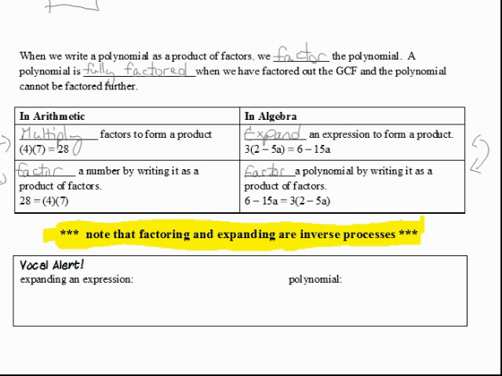So, vocab alert. Let's put something down here. Expanding an expression. Oh, I don't think you can read that.